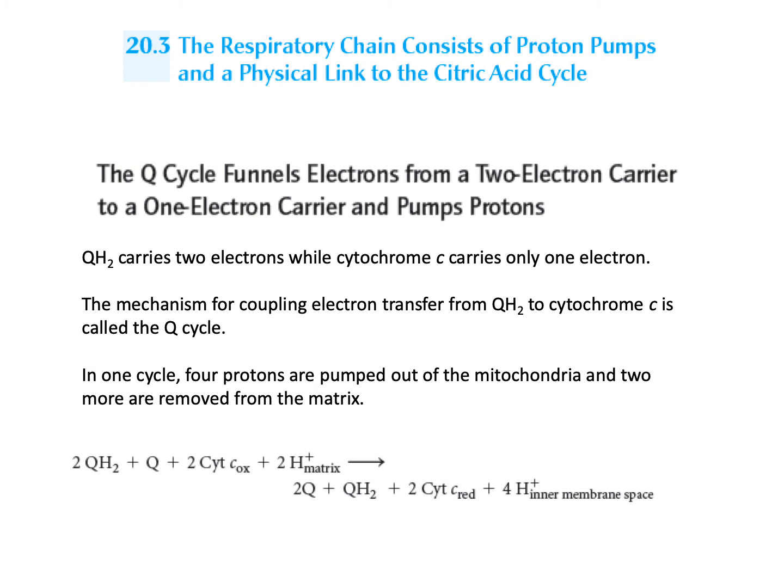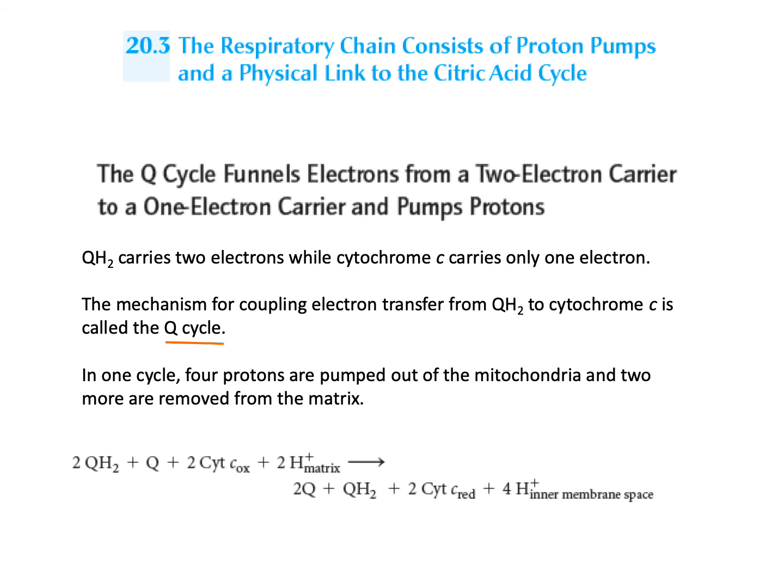Let's look at what happens at complex 3. The Q cycle funnels electrons from a 2-electron carrier to a 1-electron carrier and pumps protons. The QH2 carries 2 electrons, while cytochrome C carries only 1 electron. The mechanism for coupling electron transfer from QH2 to cytochrome C is called the Q cycle.